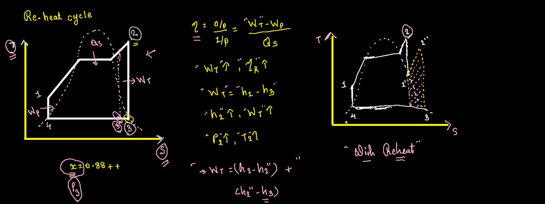As the expansion in the turbine happens up to point number 2 double dash, the steam is extracted from the turbine and inserted into the boiler again, or you can say it is inserted into the chimney through which the flue gas is coming out.